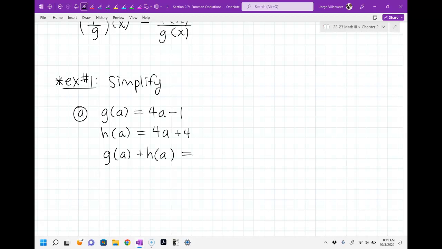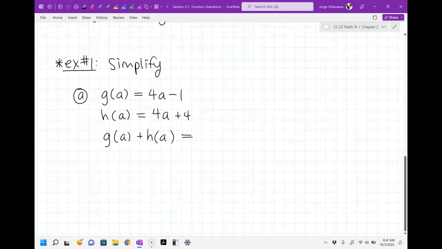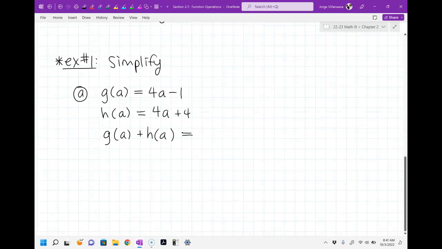Now notice they didn't write it g plus h of a. Sometimes they will, sometimes they won't. In this case they didn't. They're being a little bit more specific. They're saying find g plus h of a. That's what they want us to do. What is that equal to?